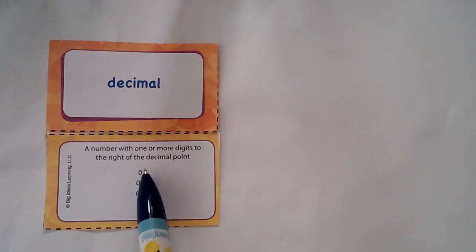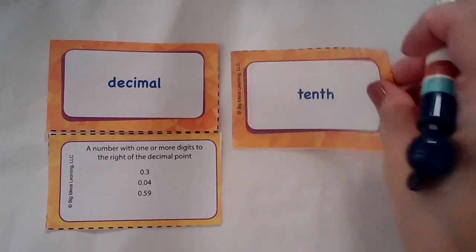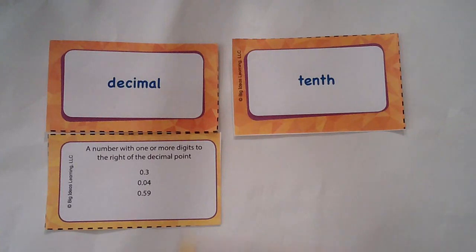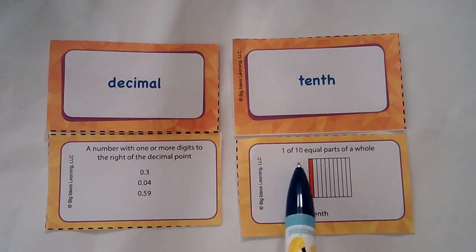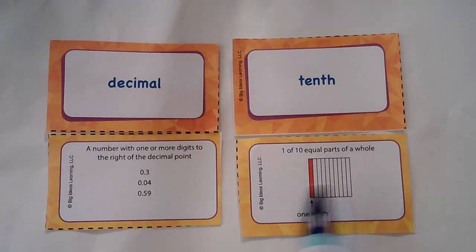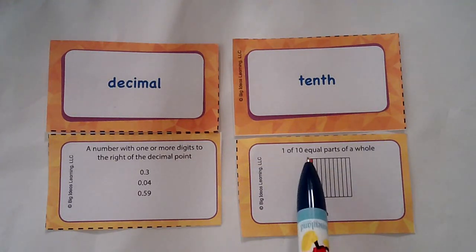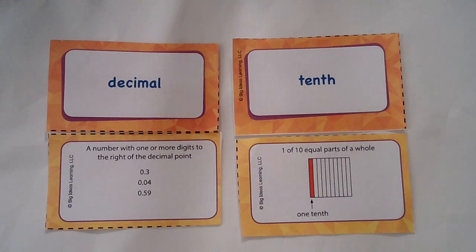So this is a decimal because there are places after the decimal point. This is a decimal, and that is a decimal. Our last vocabulary word for today is tenth. A tenth is one of 10 equal parts of a whole. To represent 1/10, that would be one part out of 10.